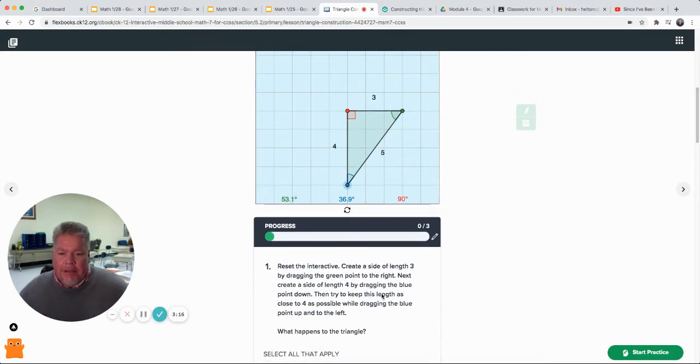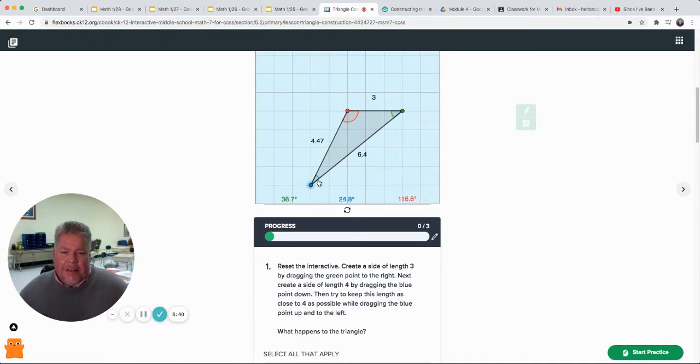Then try to keep this length as close to 4 as possible while dragging the blue point up and to the left. So it wants us to keep it close to 4 while we're dragging it up to the left. Oh, try to keep it close to 4. Whew, that's hard. What's happening to the triangle? Well, look at the triangle shape as we go down through here.